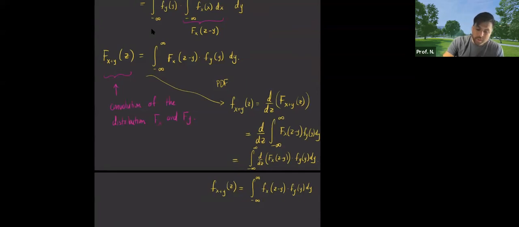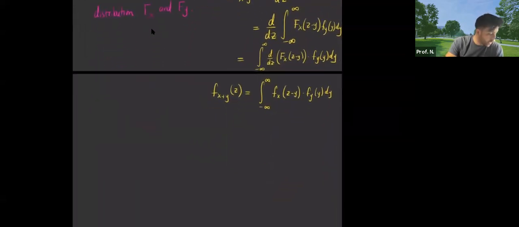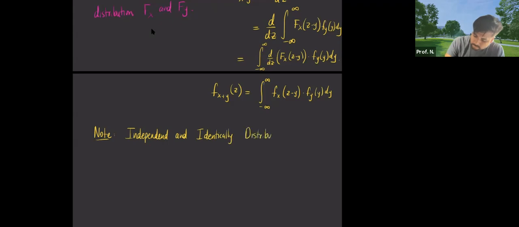So this is a little weird at first. Eventually, what we're going to be talking about are the sums of independent and identically distributed random variables, IID.